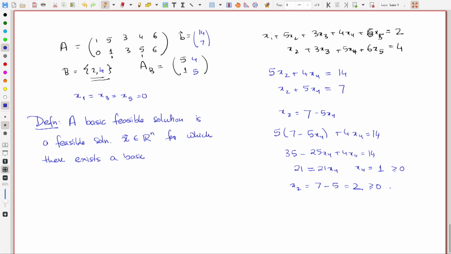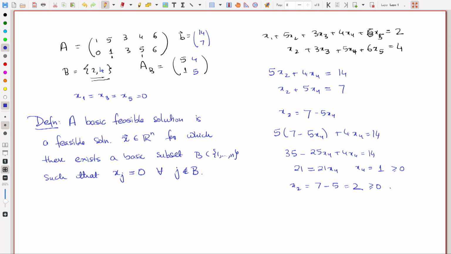Basic means it is a subset of size m such that the submatrix is full rank, such that firstly the variables which are not in the basic set are 0. Okay, the variables that are not in the basic set are 0, that is all.